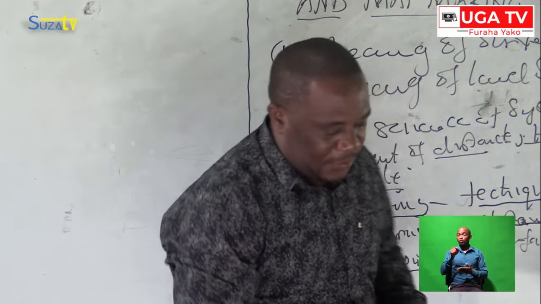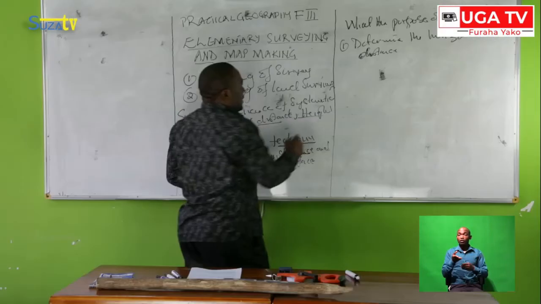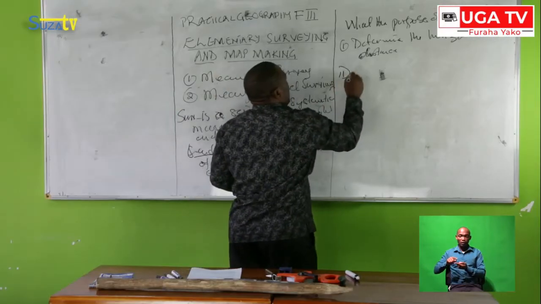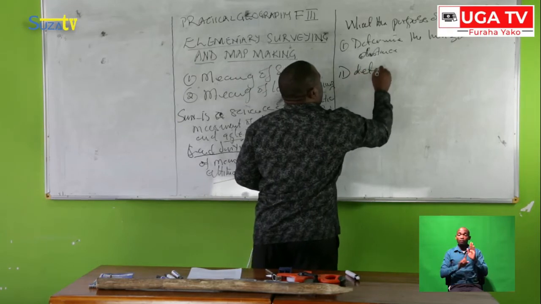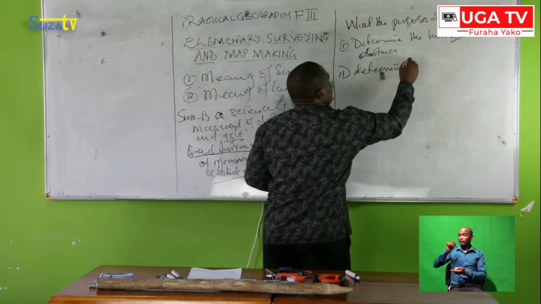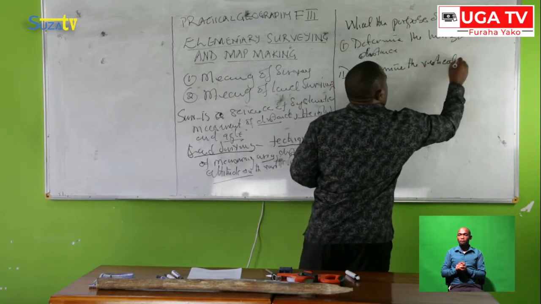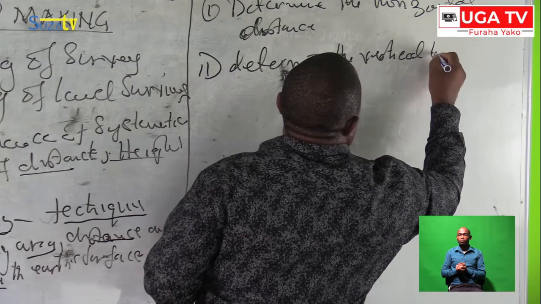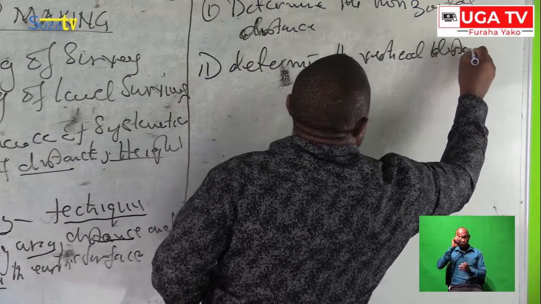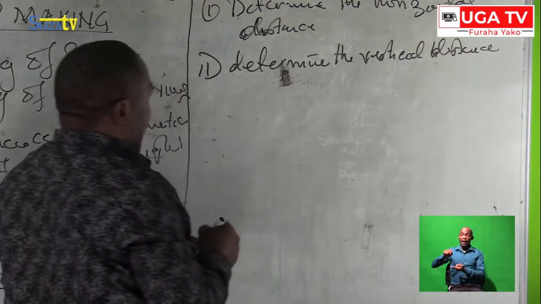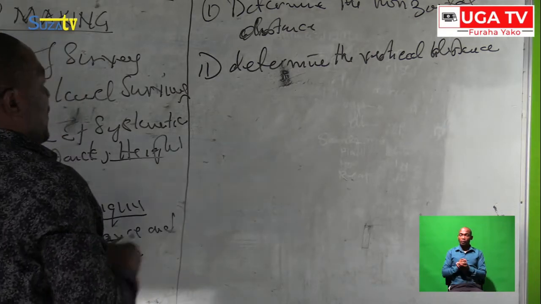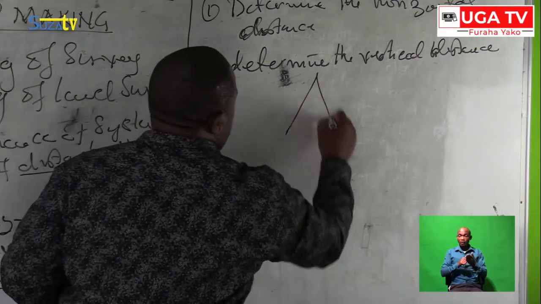The second is to determine the vertical height, or the height of any vertical object. For example, a mountain.